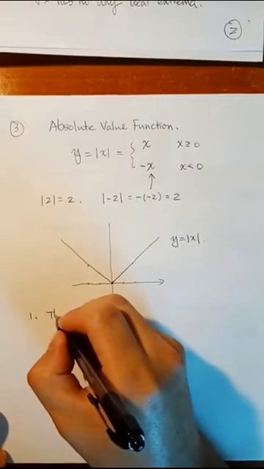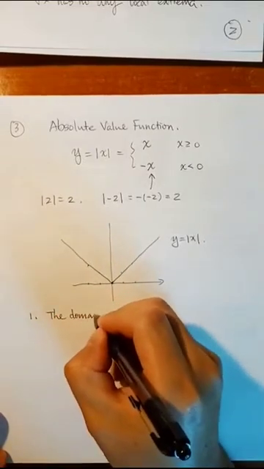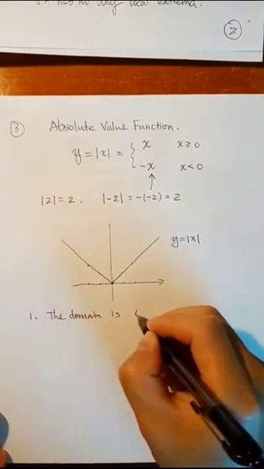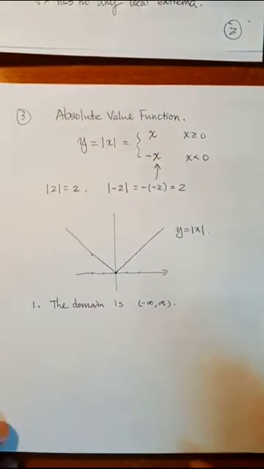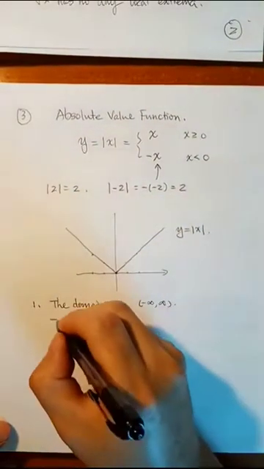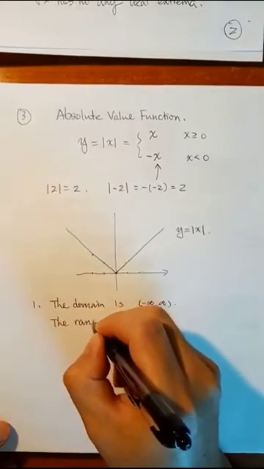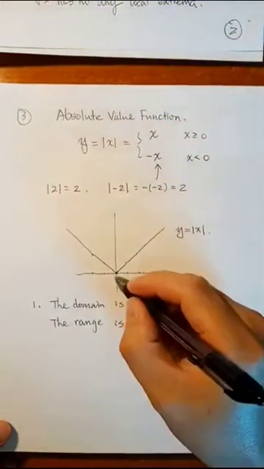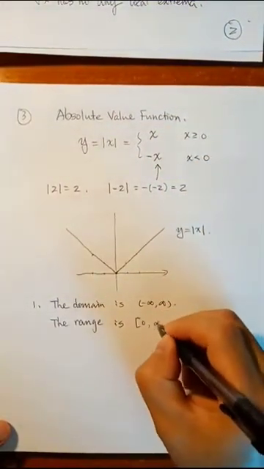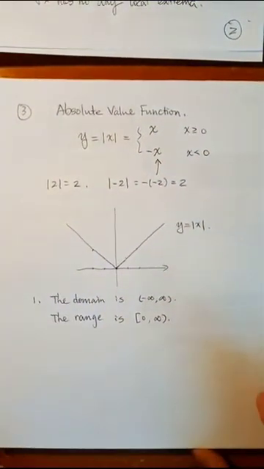So first, the domain. The domain is negative infinity to positive infinity. Any number has its absolute value. The range: the range you see here is always above the x-axis, including 0. So it's from 0 to infinity. So the range of the absolute value of x is non-negative.